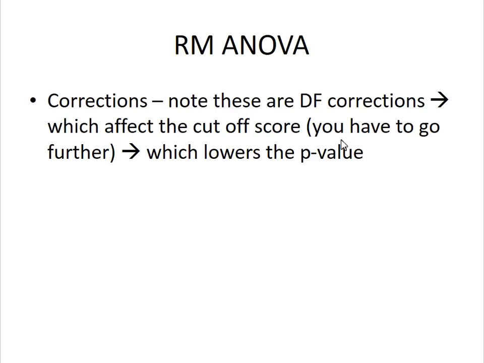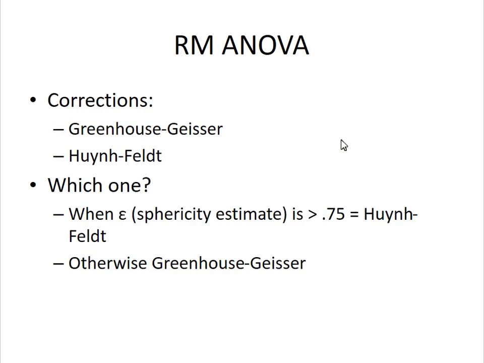If we make the finish line further away, it's harder to reject a null. And so lower degrees of freedom gives you more of a type 2 error because it makes it harder to reject.